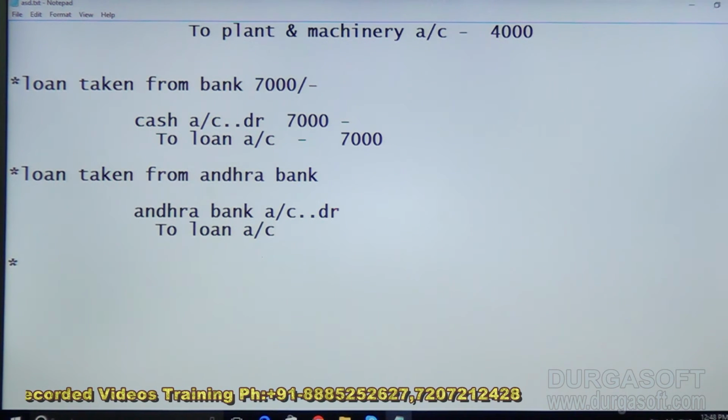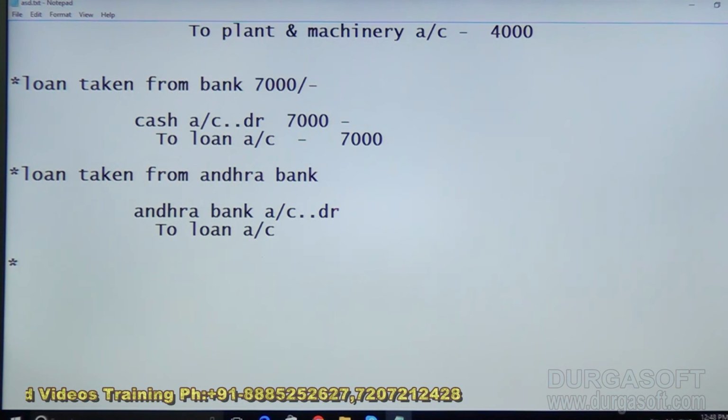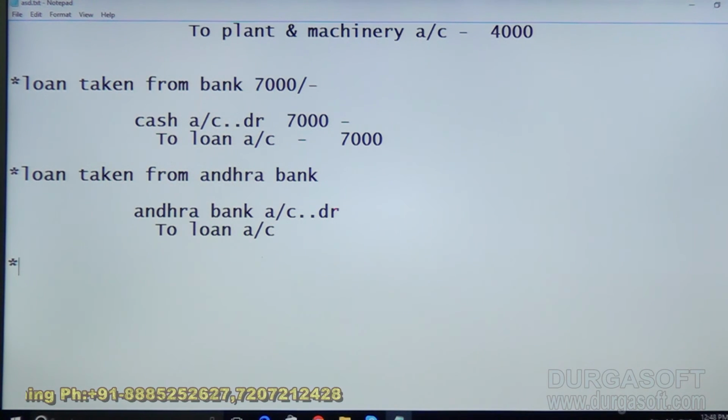And next we can see here, if you are starting the business, for your business it is capital. Why? Because you are spending on the business. Whenever you are spending, for you it is expenses. Whenever it comes in to your business, for you it is income.